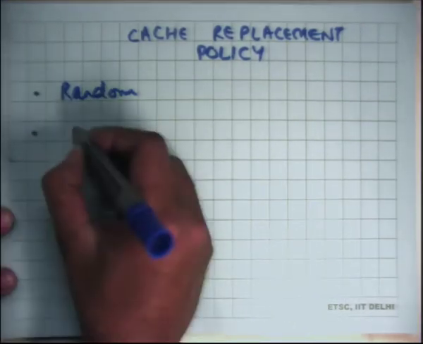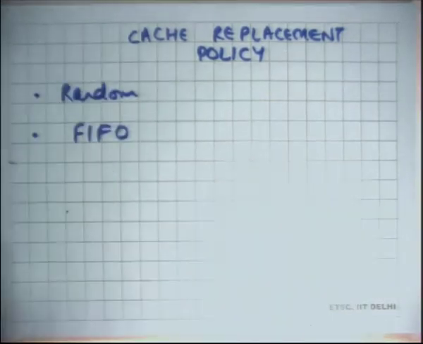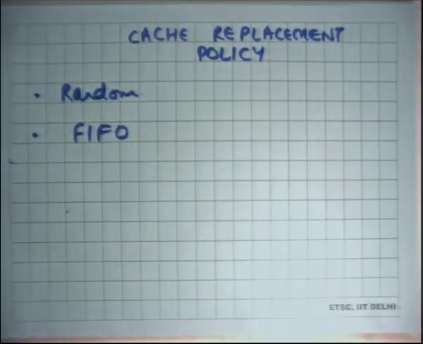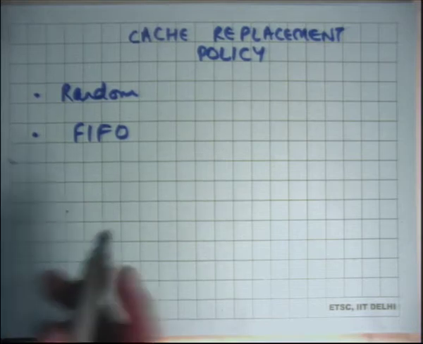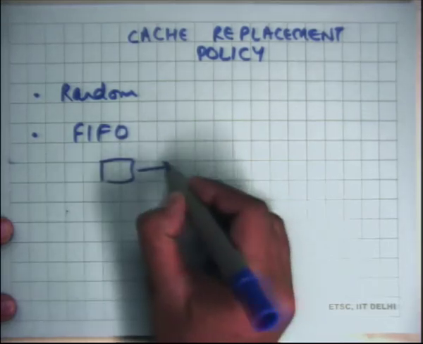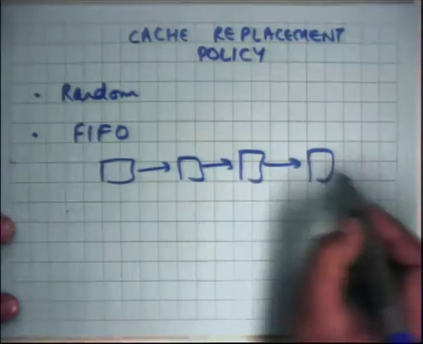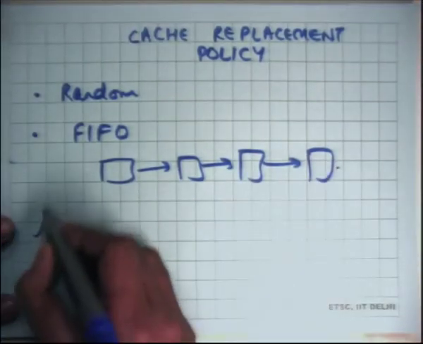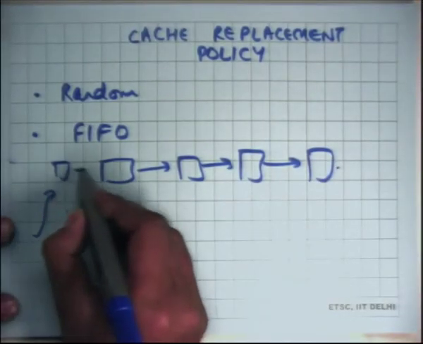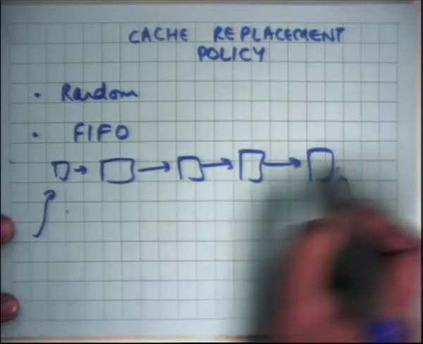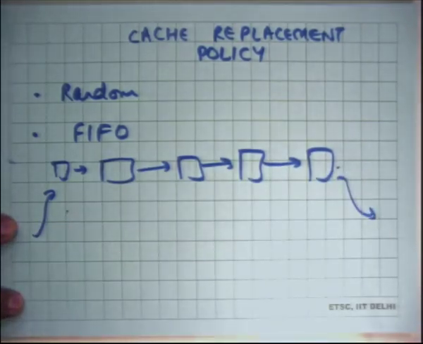The other approach is FIFO. Whichever page has been brought in earliest should be ejected. The way to implement it is to have a queue in your memory. Every time you bring in a page, you append to the queue, and if you want to eject, you eject from the tail of the queue.